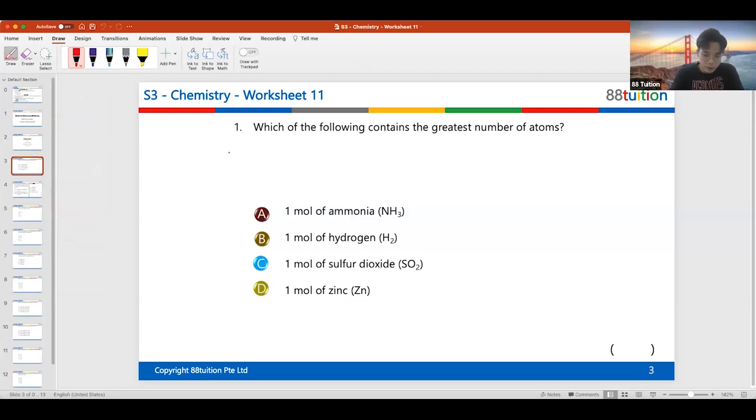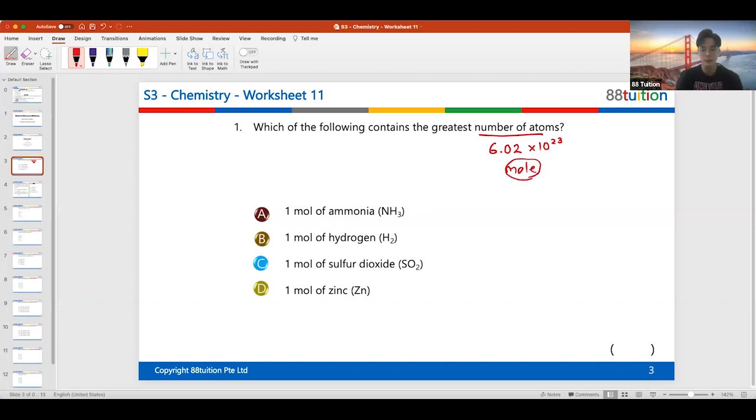Okay, when we think of the number of atoms, there should be one concept that comes to mind, and that is your Avogadro's constant, okay? They will always ask about number of particles, number of atoms, and we always think about Avogadro's constant or the mole concept, okay?